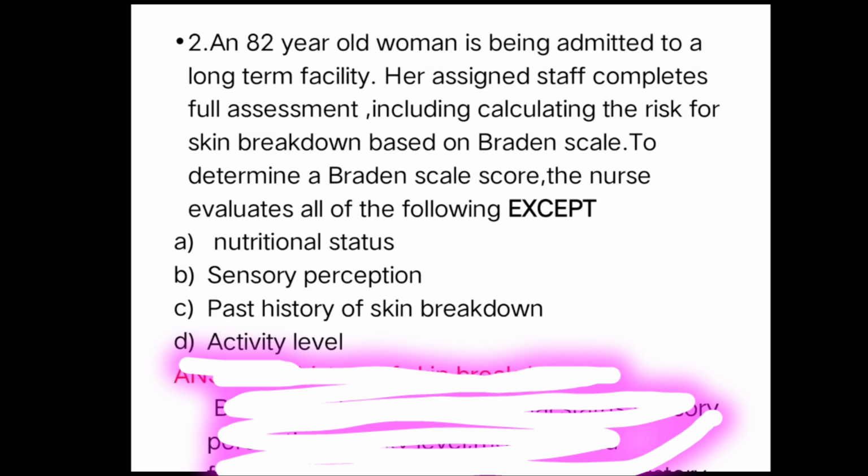They have given you a small twist by adding the word except. Except means, according to these 4 options, which option is not coming under the Braden scale assessment score. If we consider the Braden scale assessment score, nutritional status, yes, of course we will assess it. Sensory perception, yes, we will assess it. Activity level, yes, we will assess.